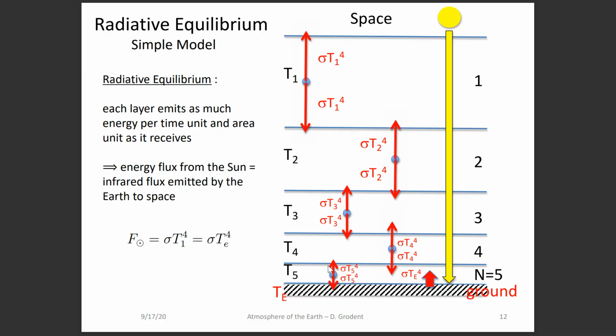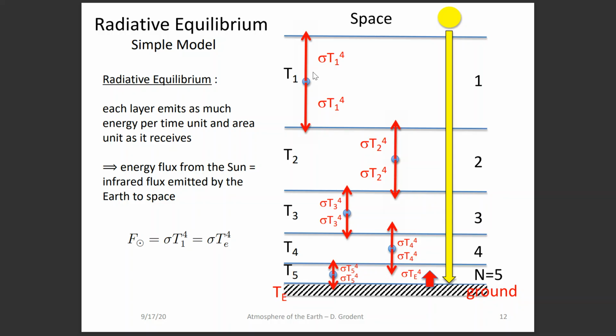So in radiative equilibrium, the energy flux from the sun is equal to the one emitted by the Earth. So what do we emit? Sigma T1 to the power 4, and what do we receive? The sunlight. So F is the sun energy.